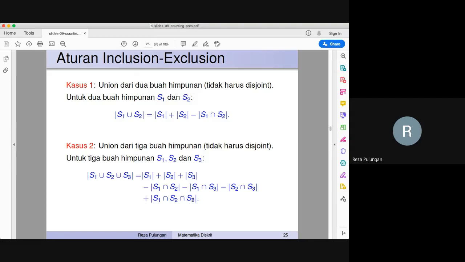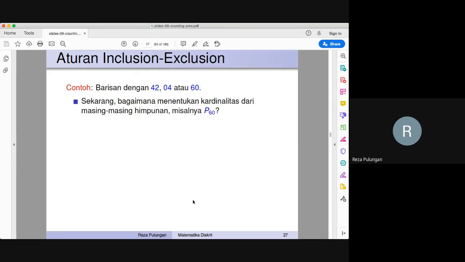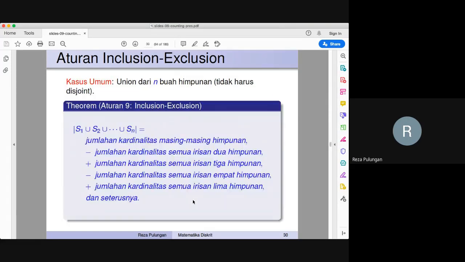So how do we generalize this into n sets? To generalize this into n sets, I'll just go to the ninth rule, called inclusion exclusion. This is the general case, the union of n sets that are not necessarily disjoint.